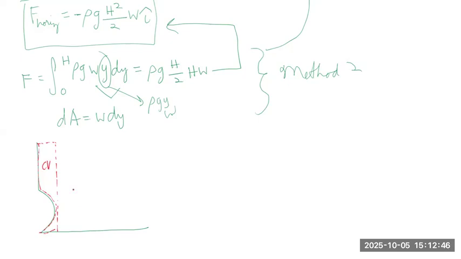So we want to balance the horizontal forces on the control volume shown in the figure. And so this is our free surface. Let's draw the free surface. And the distribution of the pressure force along this control volume surface is going to look something like this.